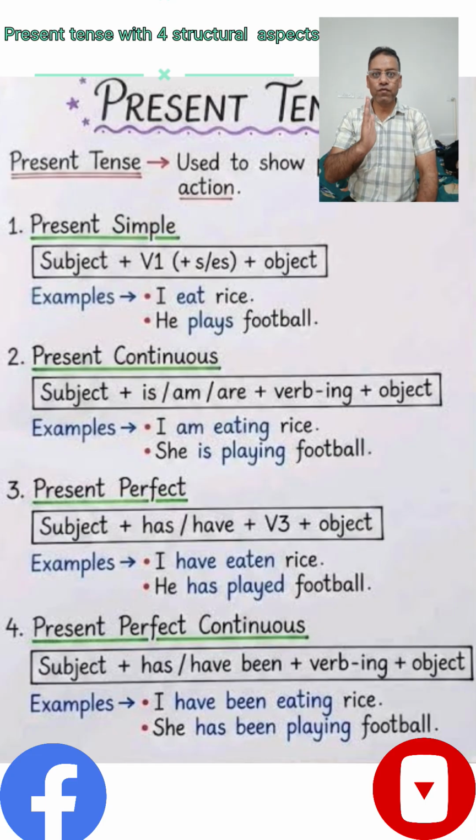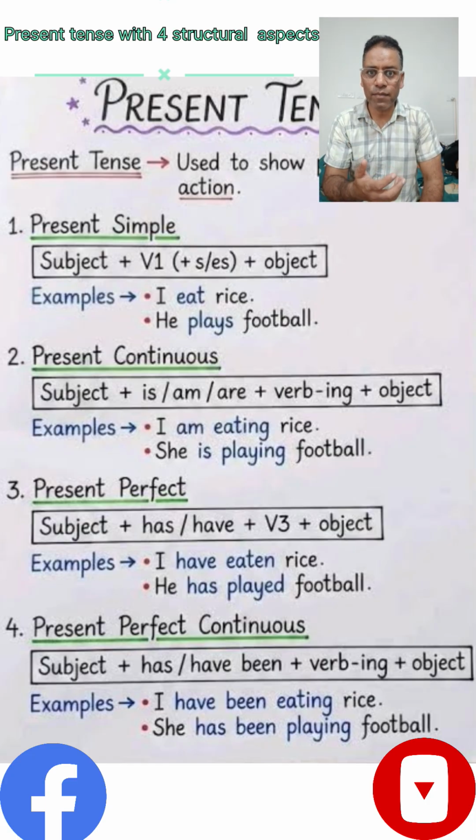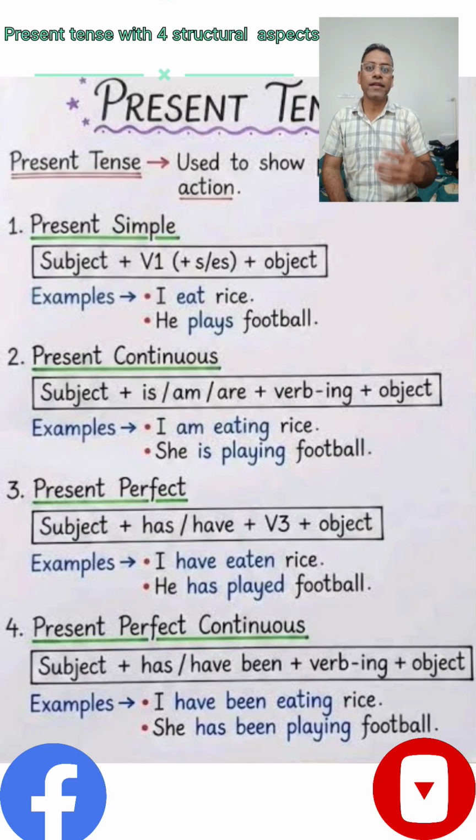So when we have any subject that is singular in the third person, particularly in the present tense of the English language, we have to use S or ES with the verb. That makes our verb singular. Like we have he plays football. He is the subject, plays is the verb and football is the object.